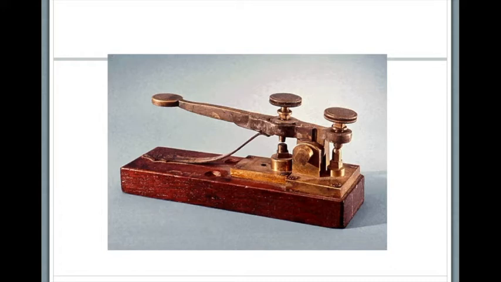And the way the telegraph worked was that you would have a telegraph operator in, say, a town on the eastern side of the United States, and then you'd have a telegraph operator somewhere in the western United States.